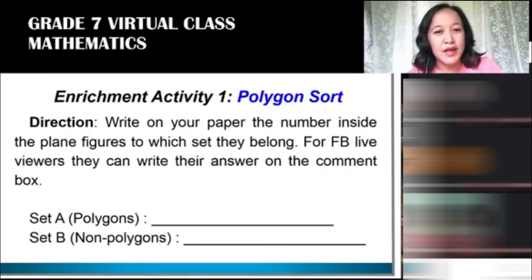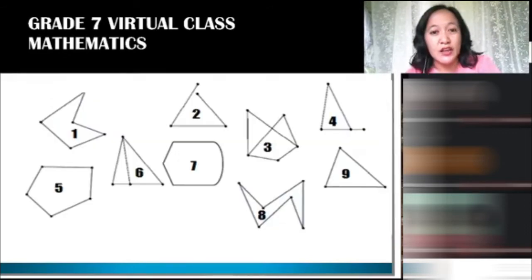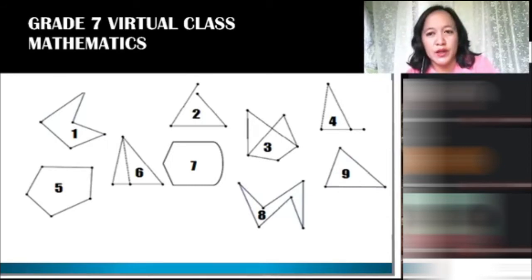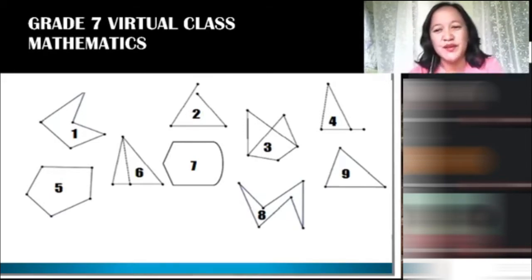Para sa ating FB Live viewers, you can write your answer in the comment box by simply typing set A and then the numbers that belong to set A, which is the set of polygons, and set B, which is the set of non-polygons. So my dear students, you have a minute to answer. So your time starts now.